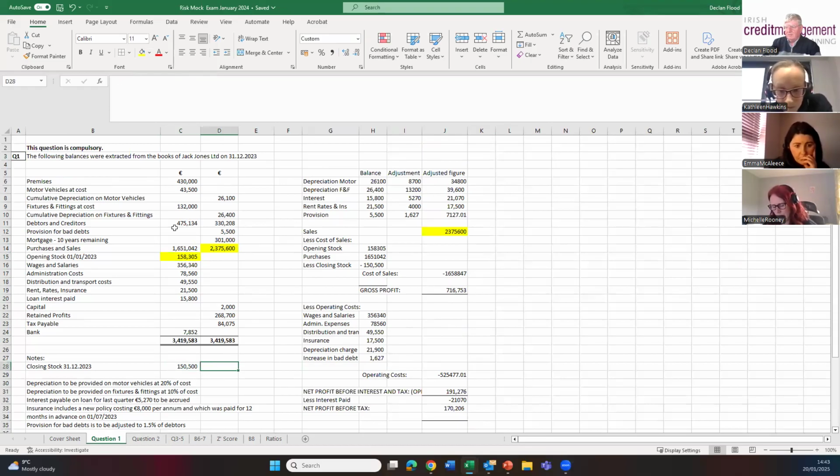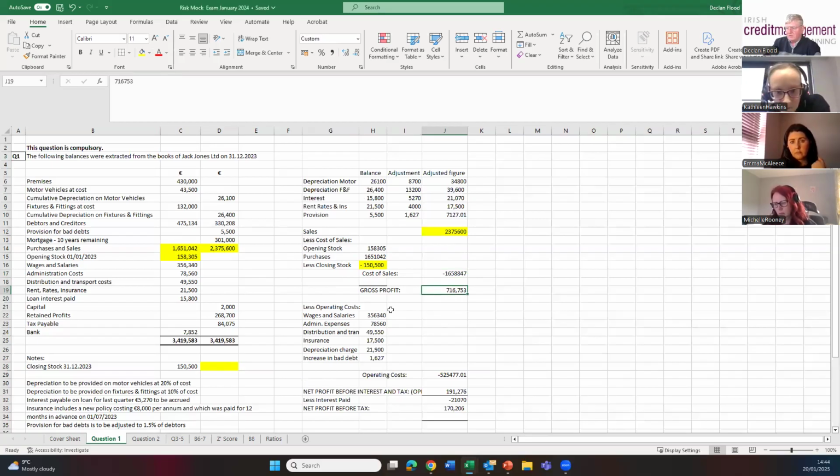So I need to make sure that they're in twice. Then my purchases are there as well. So that's my cost of sales. I add my opening stock to my purchases, subtract closing stock, and subtract that from my sales, and I get my gross profit.